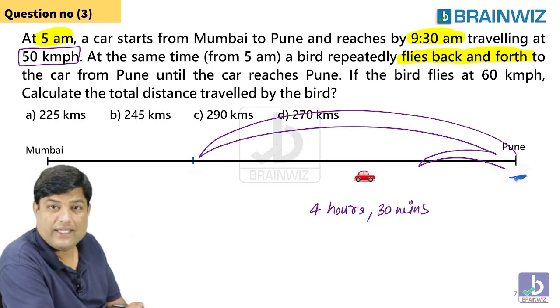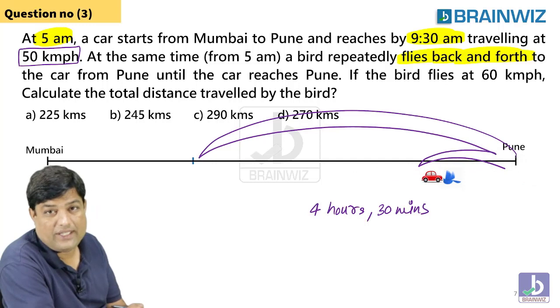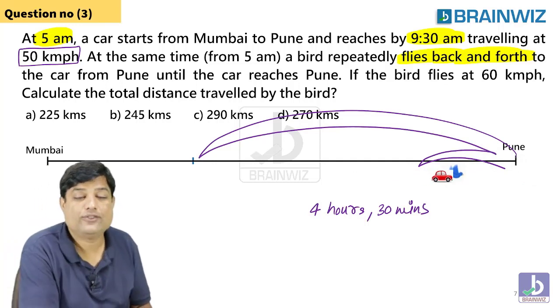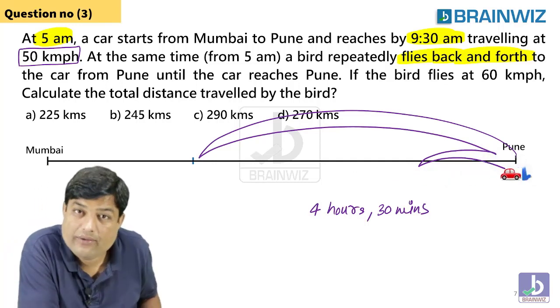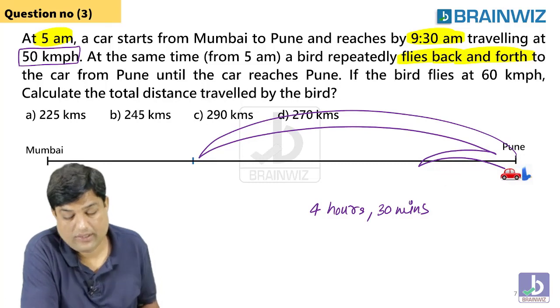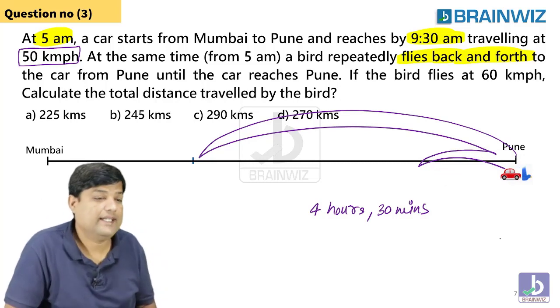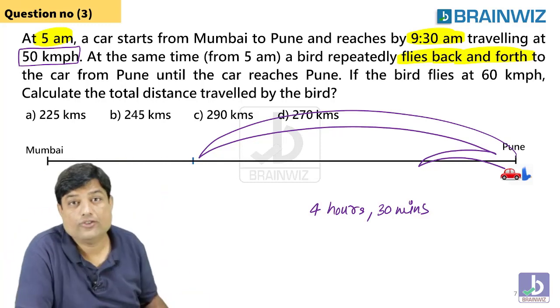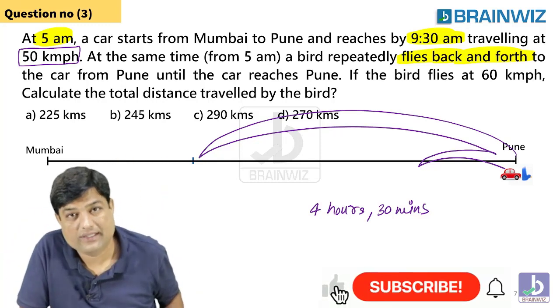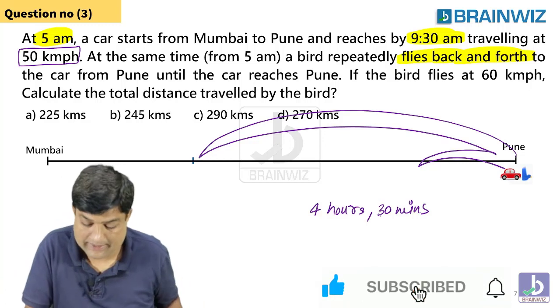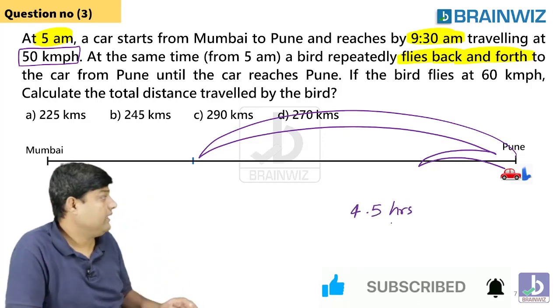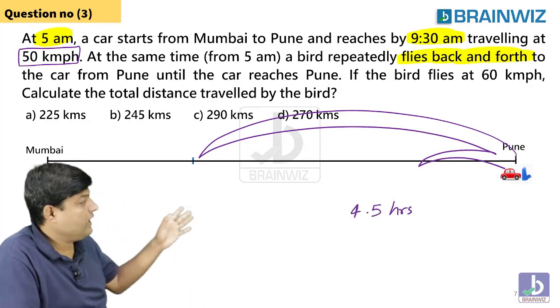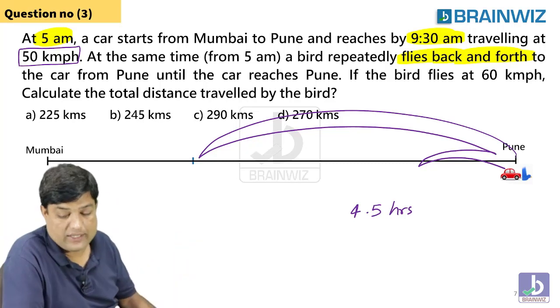Finally, the bird stopped when the car reached Pune. How much time has it taken? The car started at 5 o'clock in the morning and reached at 9:30, so the car has taken 4.5 hours. When the car is going for 4.5 hours, the bird is also flying for 4.5 hours.